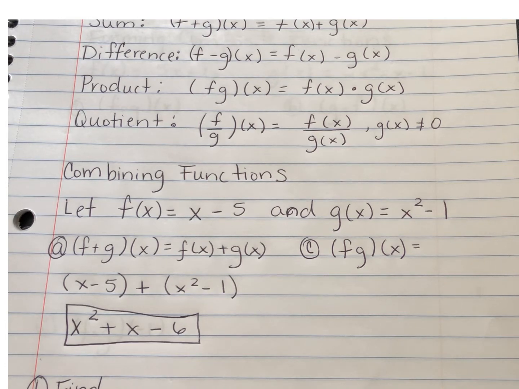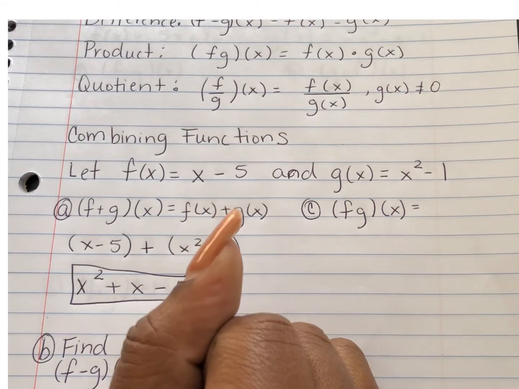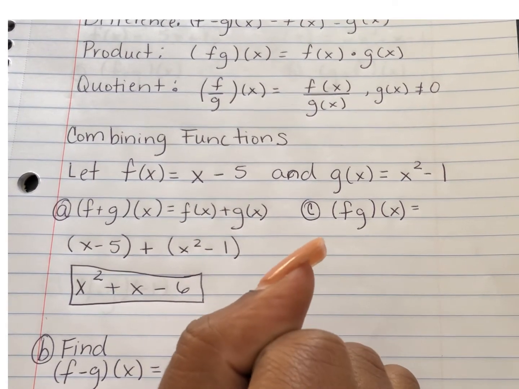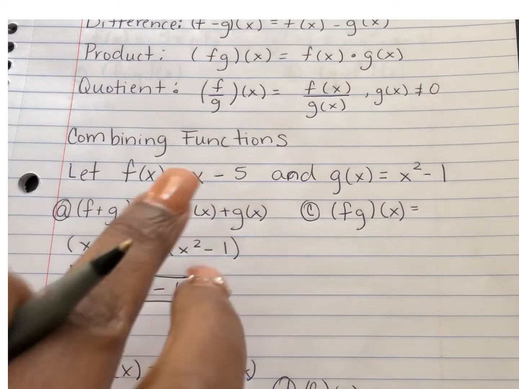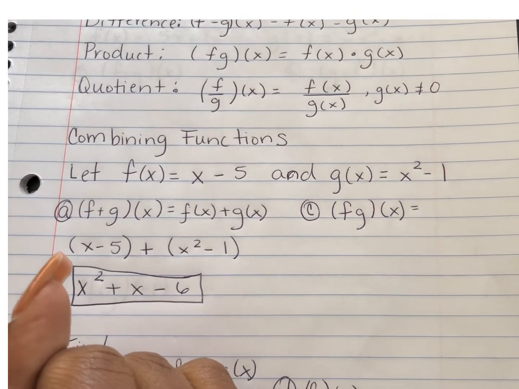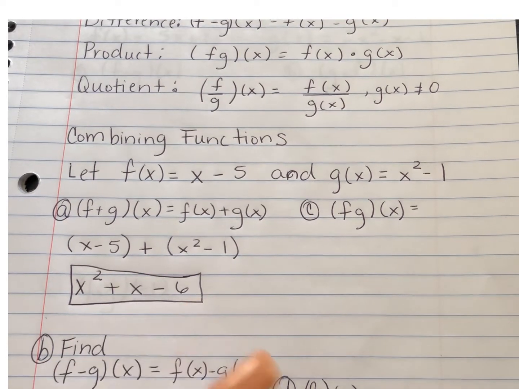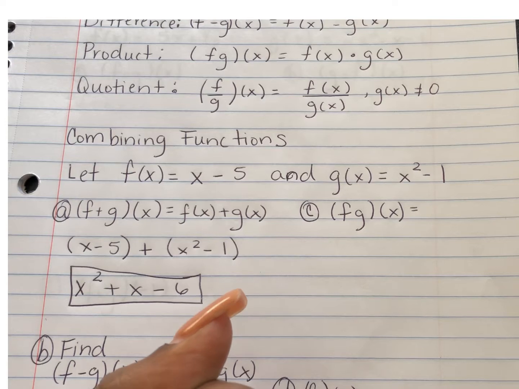Now let's take a look at the difference in b. So now we have f minus g of x, which is the same as f of x minus g of x. So for f of x, we have x minus 5, and we're subtracting g of x, which is x squared minus 1.